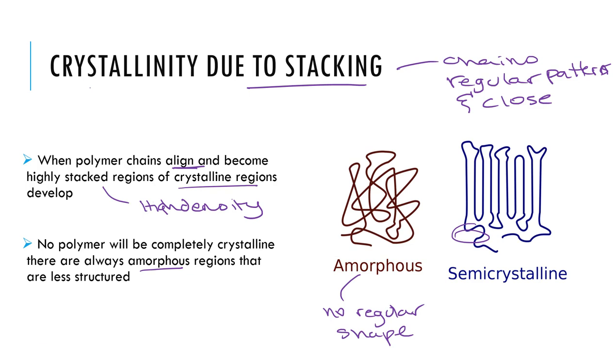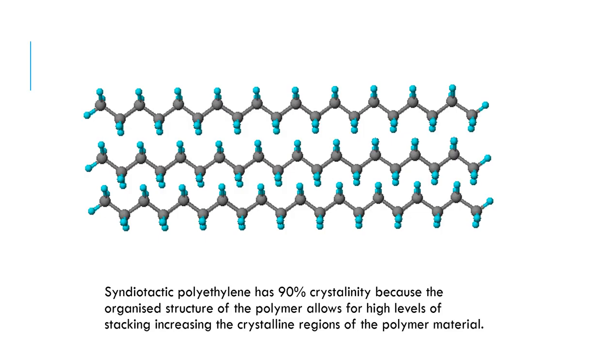Okay, so if we have crystalline areas, they arise from high regularity in our structure and stacking. So if we look at syndiotactic polyethylene here, because they alternate, we're causing these little cavities where each chain can fit into the next, which gives us a great amount of regularity and structure.